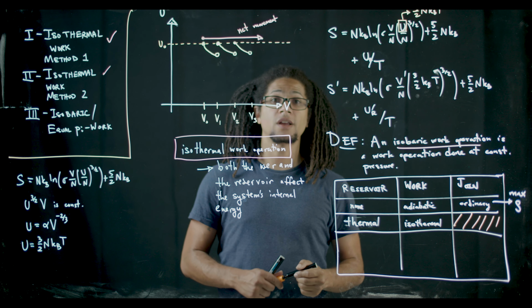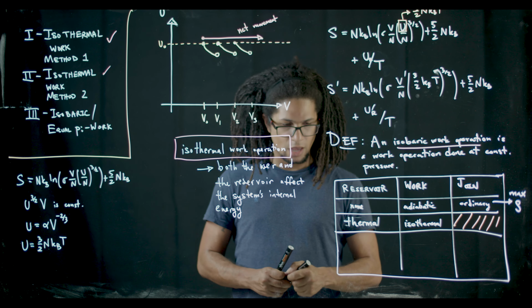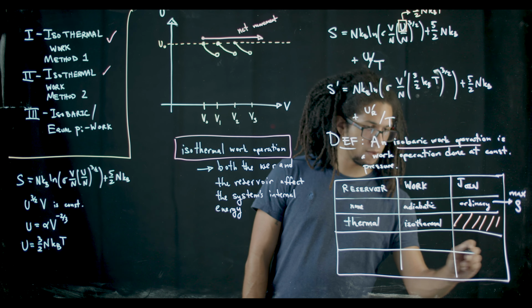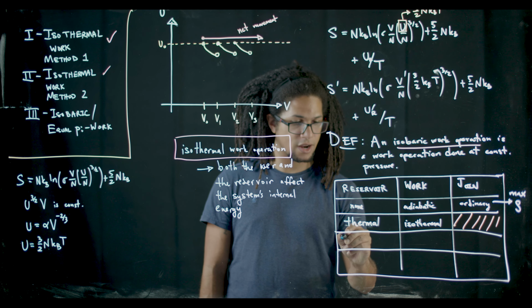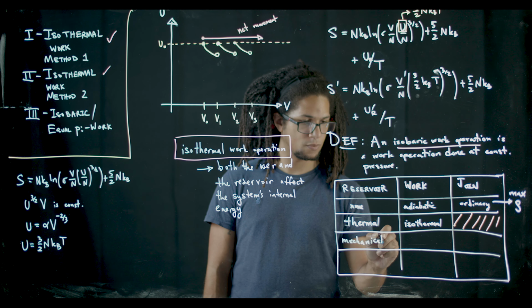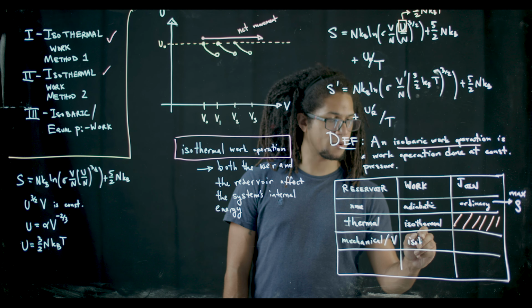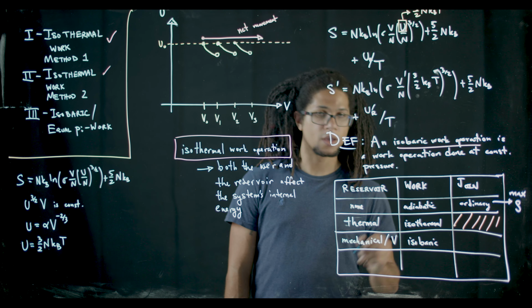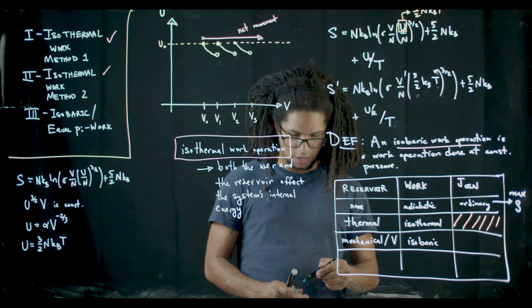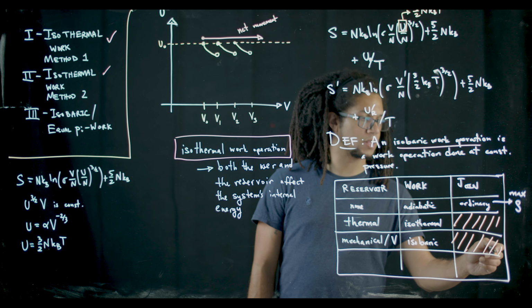We'll have to fill that in a little bit later once we've gotten some more physics under our belts. All right. We can also have a mechanical reservoir, or a V reservoir, in which we have an isobaric work operation done at constant pressure. And same thing here. We're just going to have to wait to fill in this part of the table.